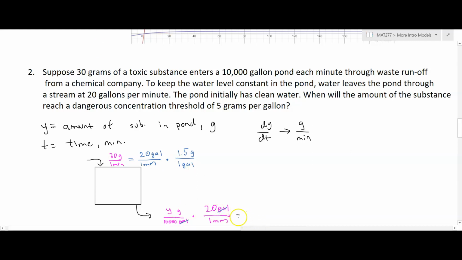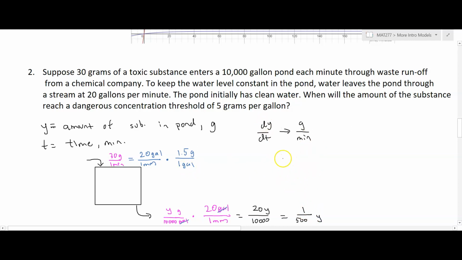So this will come out to 20Y over 10,000, and again, that's now in grams per minute. I'm also going to reduce this fraction a little bit just to make it simpler. So this is 2 thousandths, which is 1/500th. So I can write this as 1/500th Y. That'll just make it a little bit easier to work with.